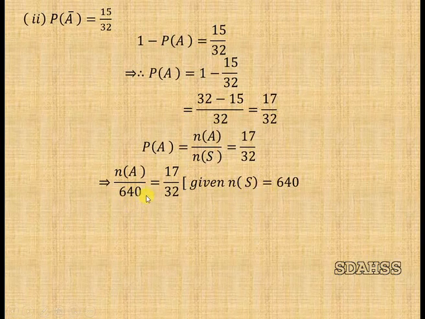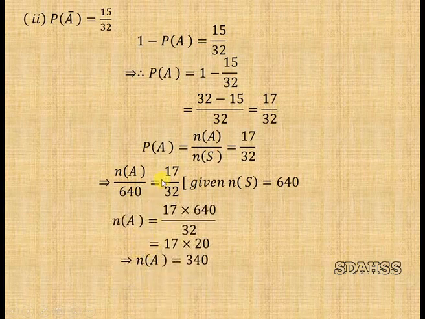Substitute. So you have n of A divided by 640 is equal to 17 by 32. Cross multiply. n of A is equal to 17 into 640 divided by 32. Cancel the numerator and denominator by 32, so you have 17 into 20, which is 340. n of A is equal to 340.